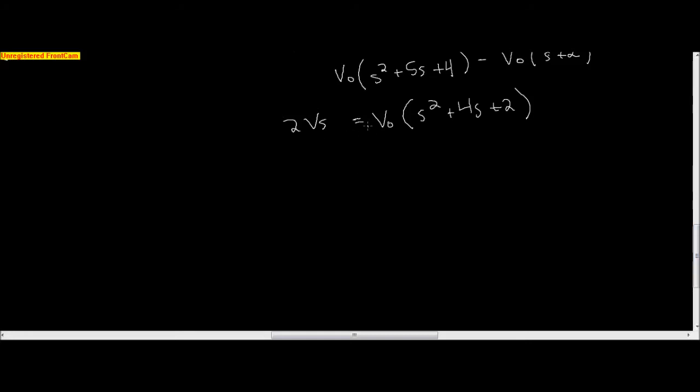We want VO over VS, so I'll divide both sides by VS. These get crossed out, and then we want to get this term on the other side, so we'll divide both sides by S squared plus 4S plus 2. That goes away, goes over here.